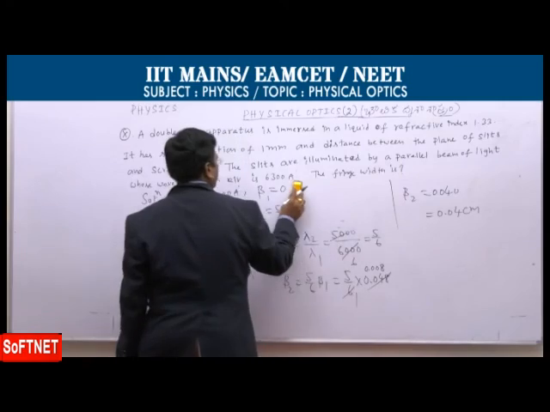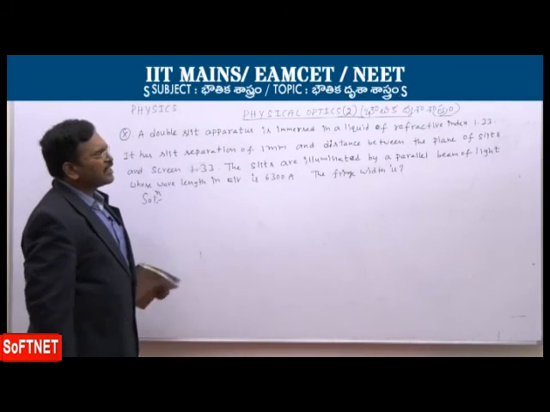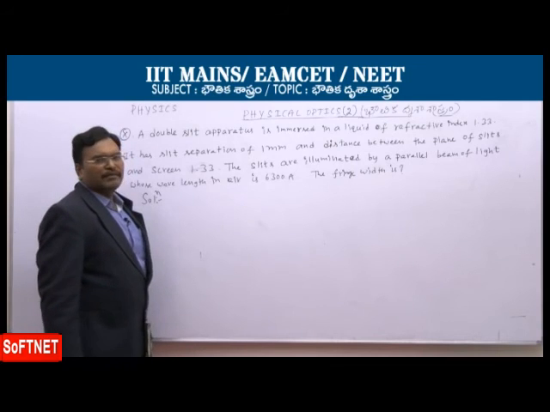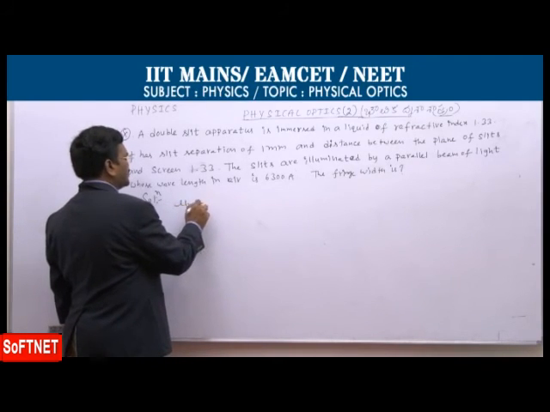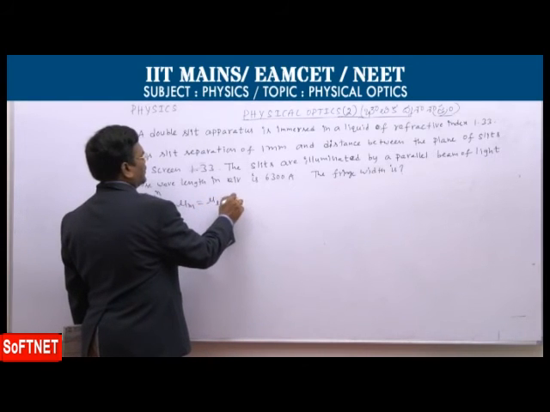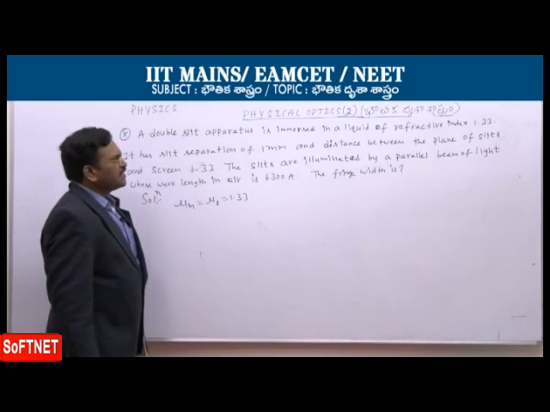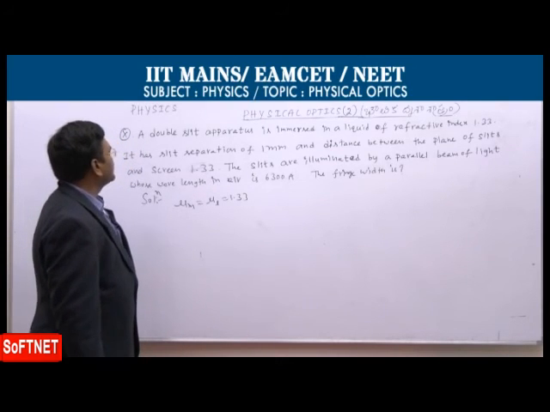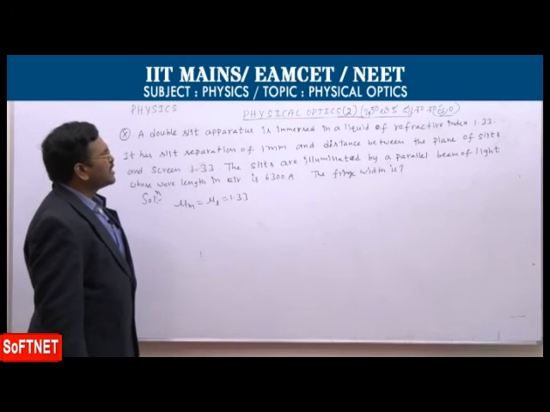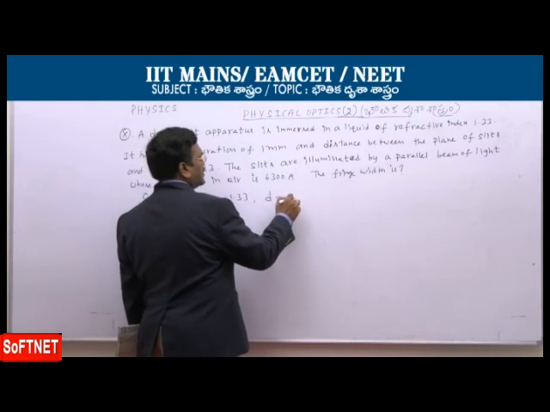First you understand the question now. What is given? A double slit apparatus is immersed in a liquid of refractive index 1.33. So the refractive index of the medium here is the liquid's, 1.33. The total apparatus is immersed in a liquid. It has a slit separation of 1 millimeter. The distance between two slits, how do we represent it? Small d.